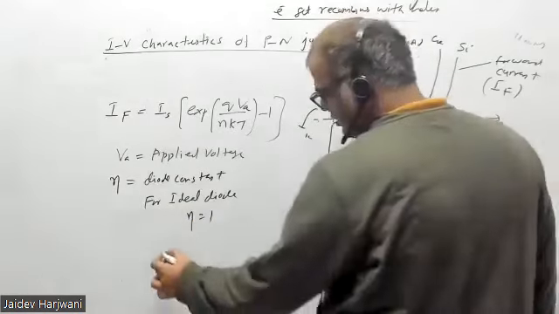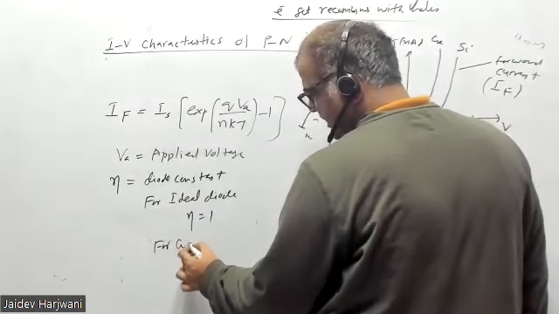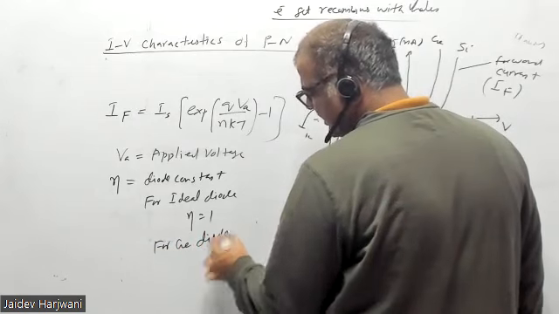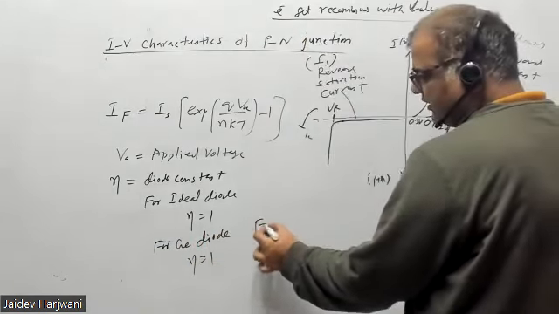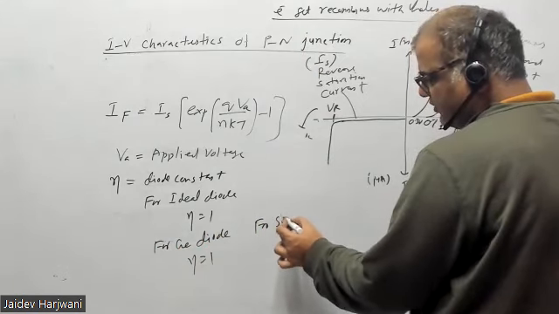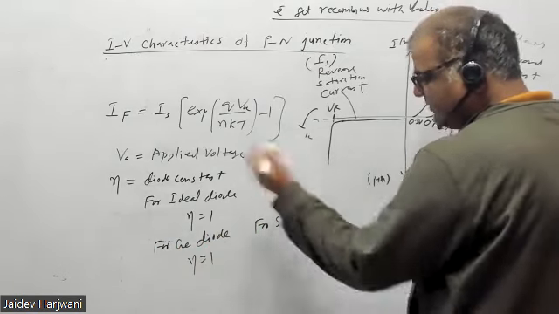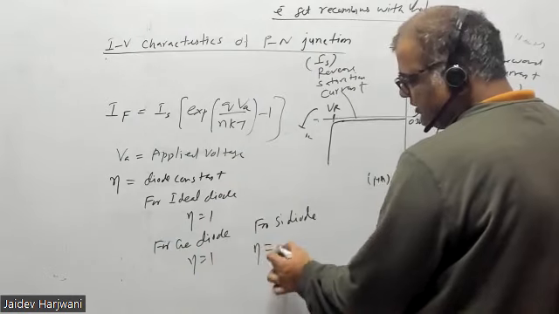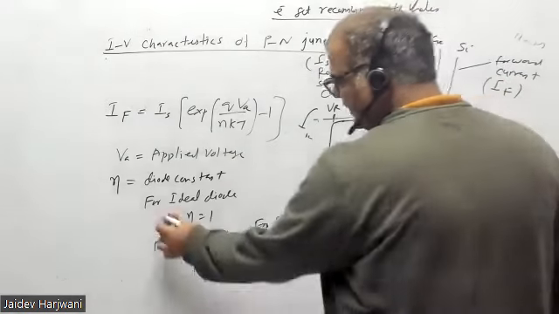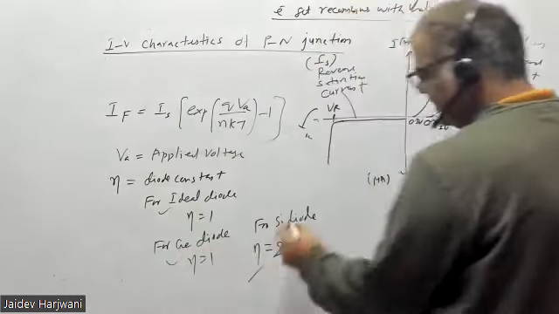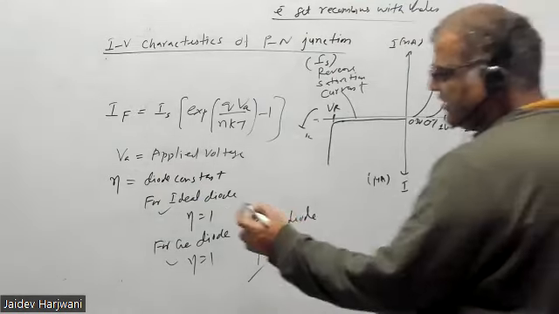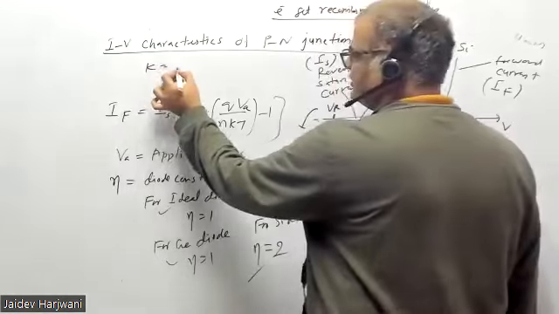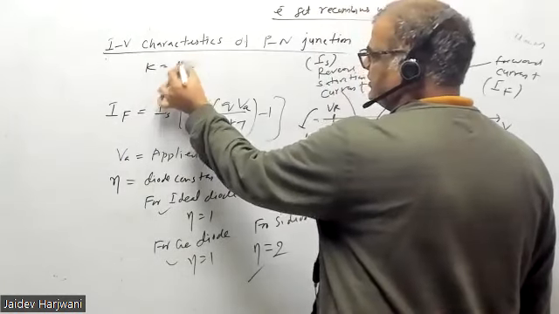For a germanium diode, you can take eta equal to 1. For a silicon diode, unless it says ideal, if the exam says silicon diode, then you have to take 2. If it says ideal, you take eta equal to 1, or if it's silicon, you take eta equal to 2. K is the Boltzmann constant.